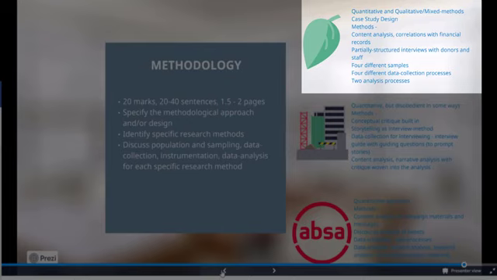Then there's partially structured interviews with donors and staff members. So you will end up having a little bit of a complicated methodology if you want to do something like this, because it's essentially 4 different samples. A sample of staff members to interview, a sample of donors to interview, a sample of financial records, and a sample of social media content to analyze.